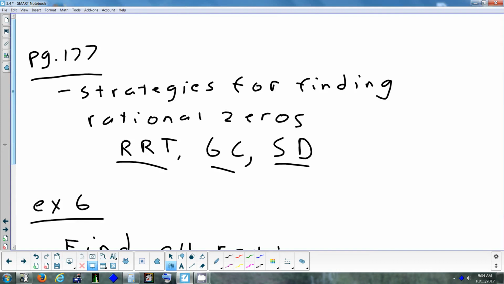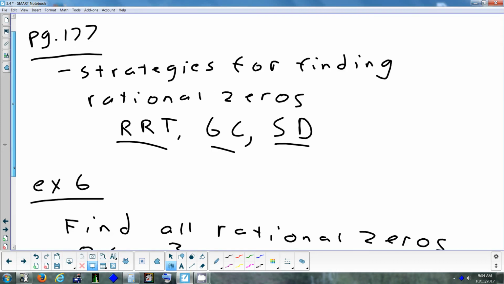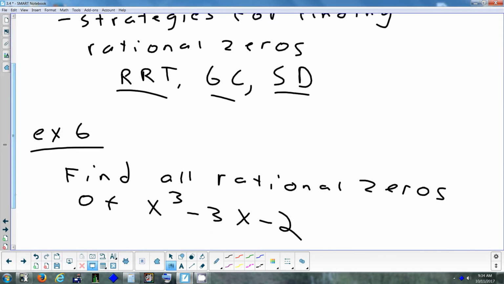And then, when you find one that works, divide through by it using synthetic division. Because if you can find at least one root that works and then divide by it, you can turn this cubic into a quadratic. And we have a bunch of techniques for solving quadratics. You just have to find at least one rational root first. So if I give you a problem that doesn't have a rational root, you're going to be stuck. There's nothing you can do. So I have to give you at least a problem with one rational root.